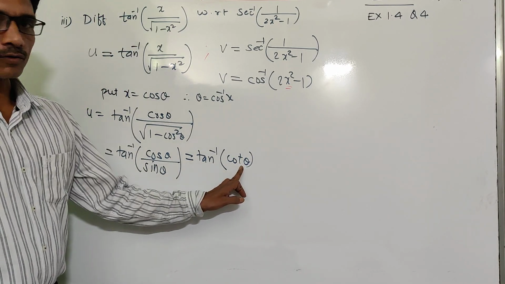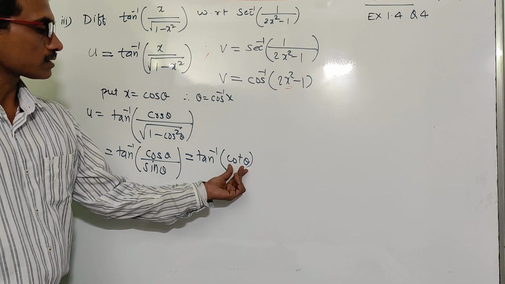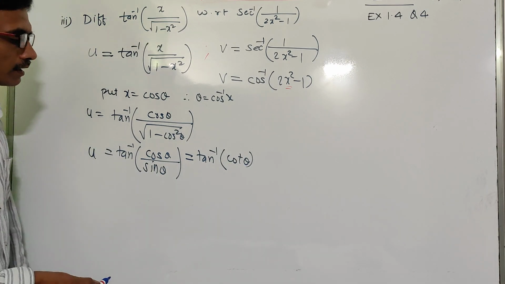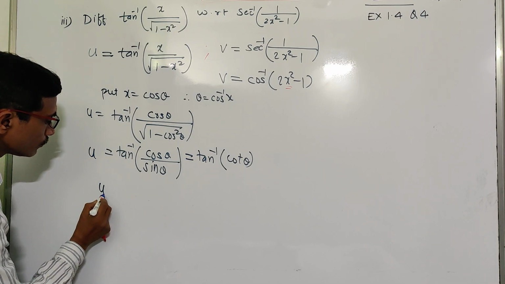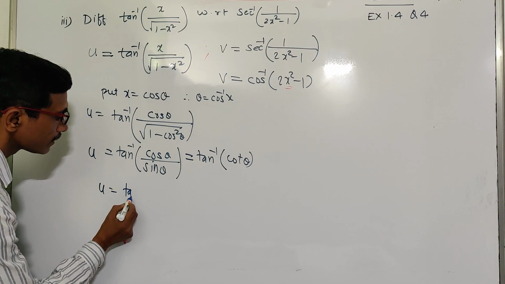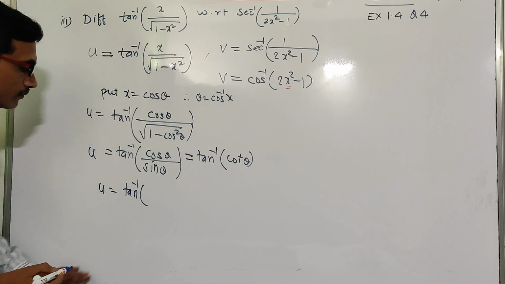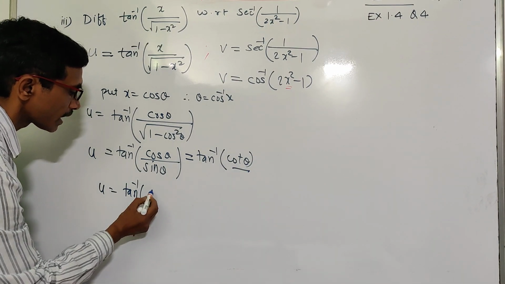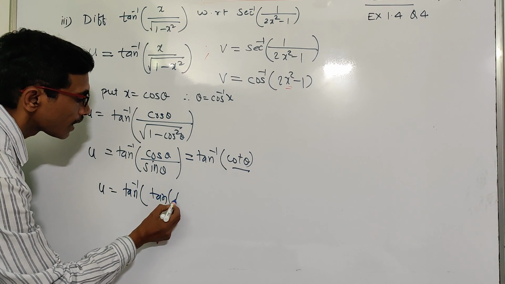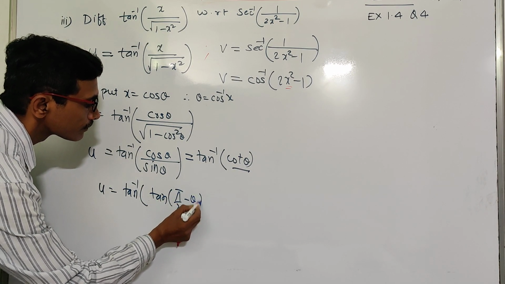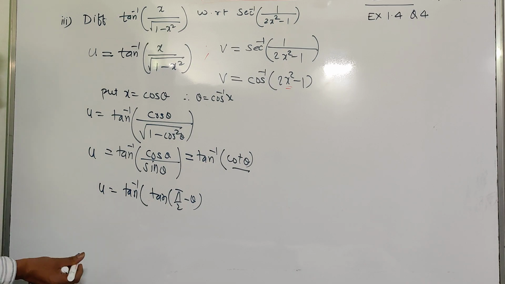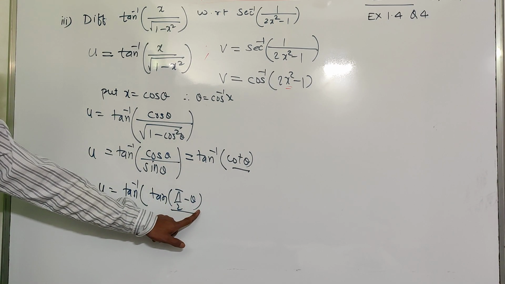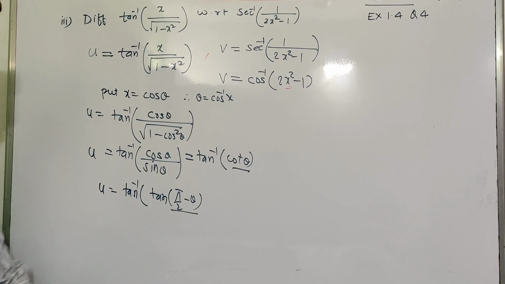But here tan and cot, so we can use the allied angle: cot of theta is equal to tan of pi by 2 minus theta. Therefore our u will be equal to tan inverse of tan of pi by 2 minus theta, which will be only pi by 2 minus theta.